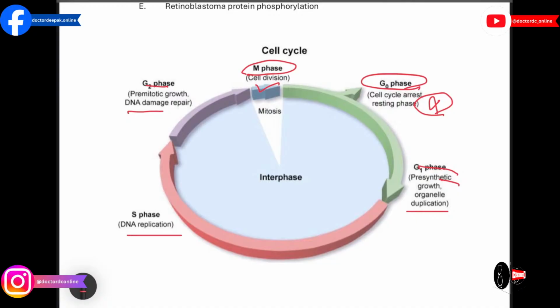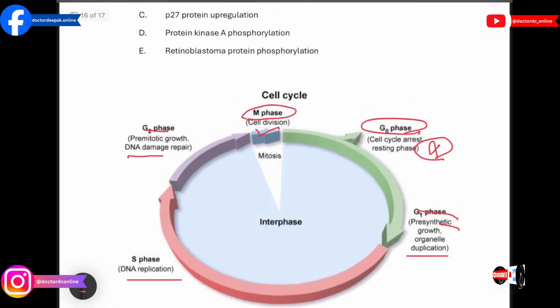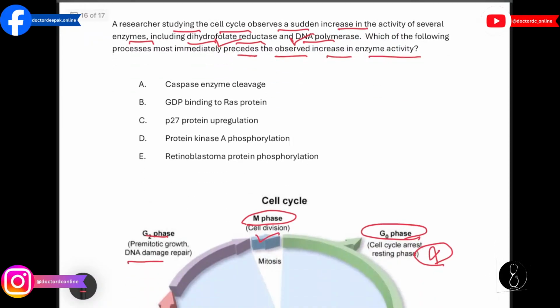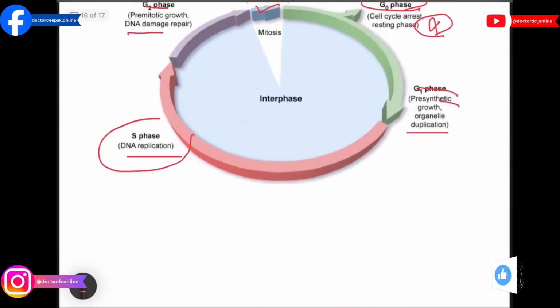According to the study, there is increased activity of enzymes responsible for DNA synthesis, like dihydrofolate reductase and DNA polymerase, signifying that the cell is in the S phase of the cell cycle.